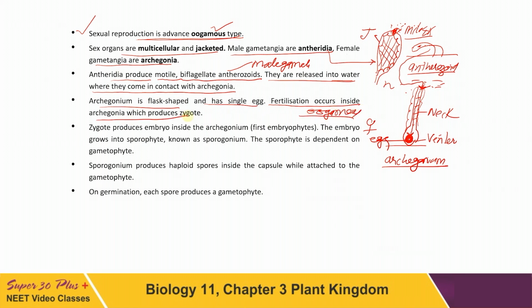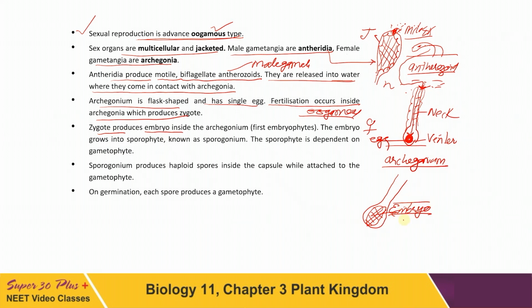Important thing here: the zygote formed produces an embryo. The zygote is formed here in the archegonium. Now this zygote will develop into a multicellular structure known as the embryo, right? So the embryo is formed for the first time in the plant kingdom in bryophytes.